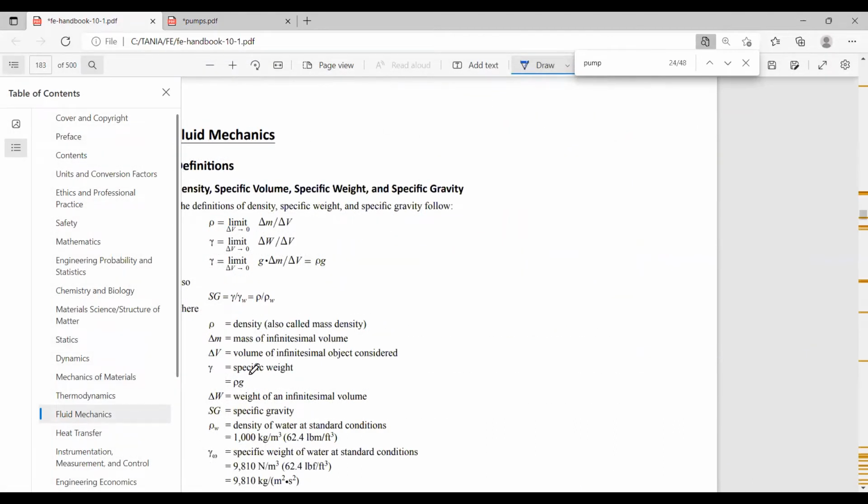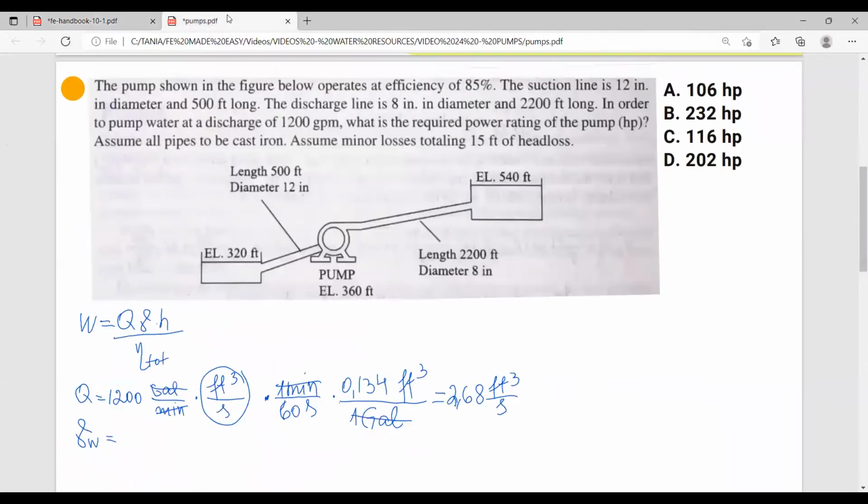Gamma water, specific weight, and specific weight of water equals 62.4 pounds per cubic feet. So gamma water is 62.4 pounds per cubic feet. And now this H is the head loss.